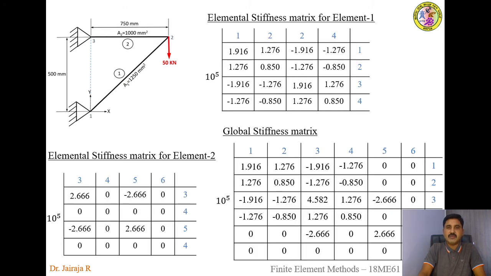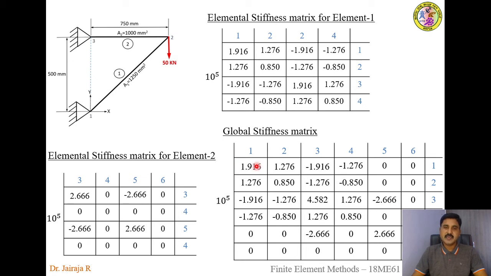Now we will see how to construct the global stiffness matrix. Here there are 3 nodes, node 1, node 2, node 3, and each node has 2 degrees of freedom. So the total is 3 into 2, which is 6 degrees of freedom. So the order of the global stiffness matrix should be 6 cross 6.